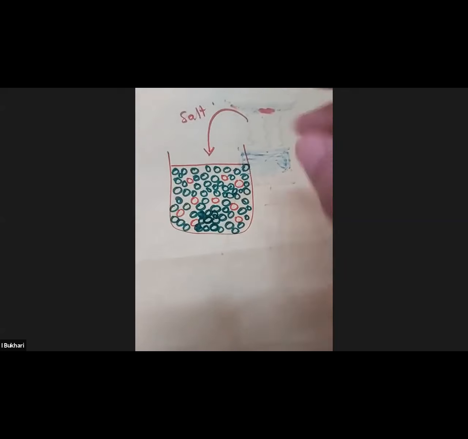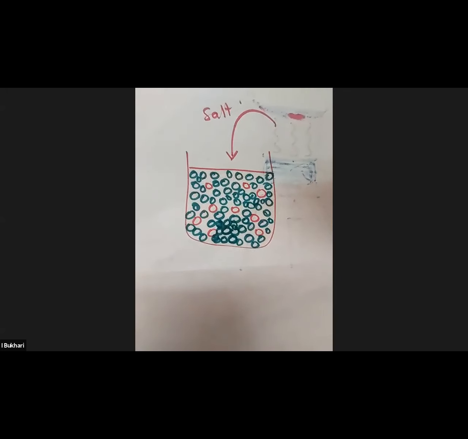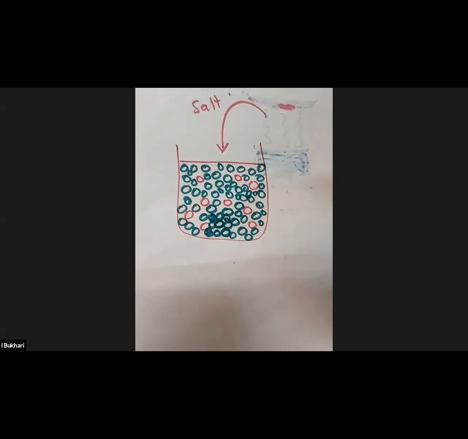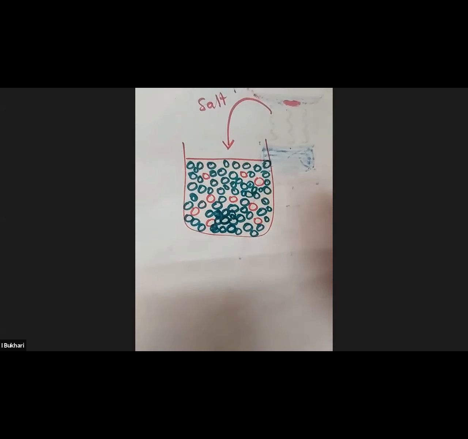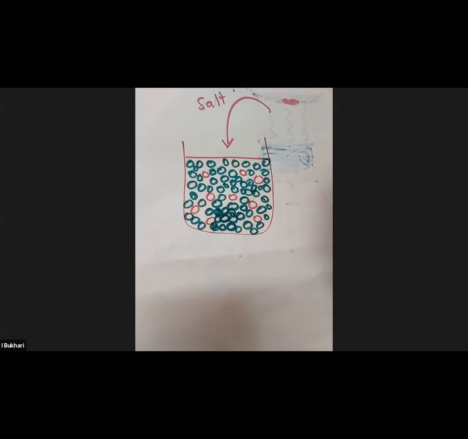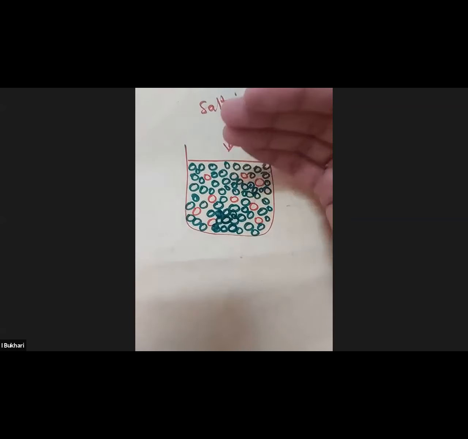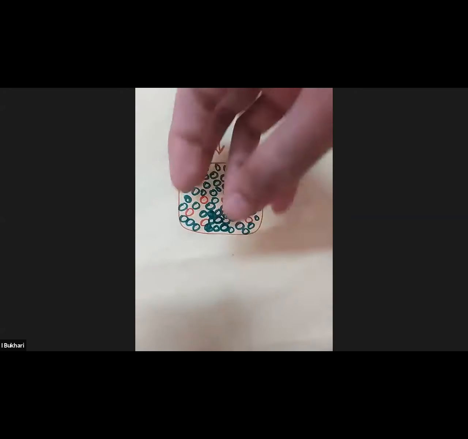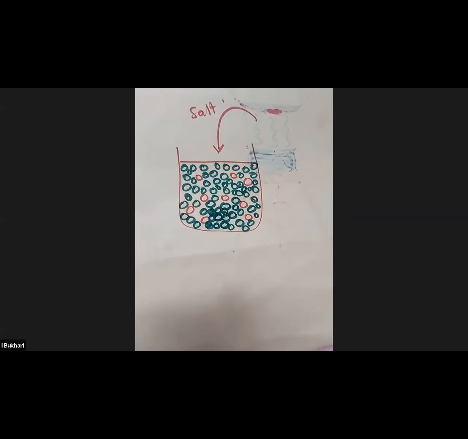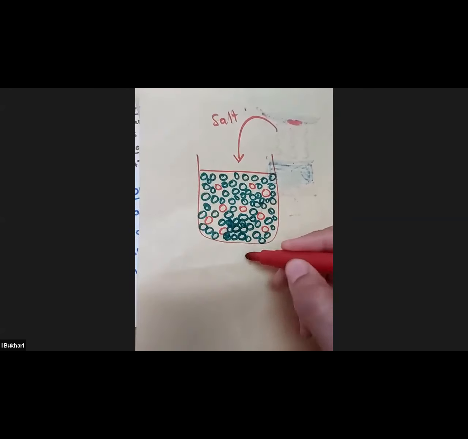Okay, so now remember when we were evaporating and heating with the help of a water bath, and we stopped heating when we started seeing the crystals. So what are we doing in evaporation? In evaporation, the water molecules are leaving because we are heating them.